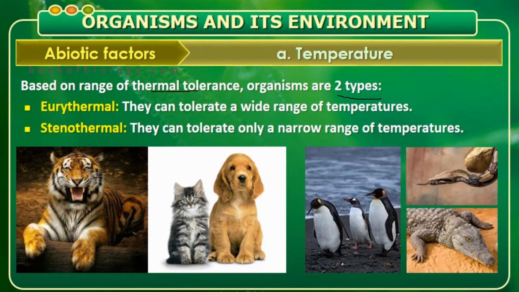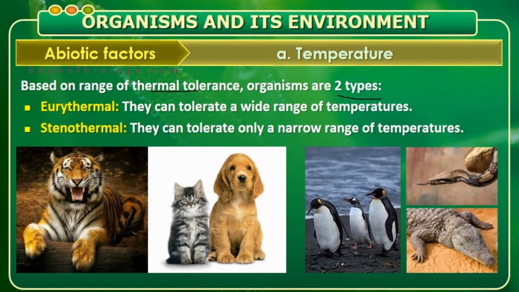Suddenly, animals of Antarctica, the polar region, are in very low temperature, that is a narrow range. Suddenly they are shifted to the Rajasthan desert, that is a wide range. Can they tolerate it? If they tolerate it, then they are called eurythermal.